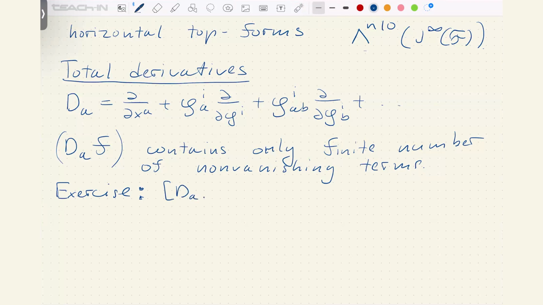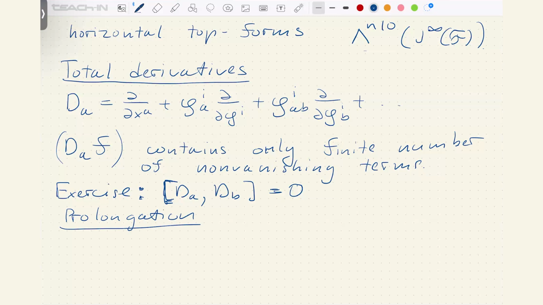It's to check that [D_A, D_B] equals zero, so they commute. In particular, they determine an involutive distribution, which is called Cartan distribution in this part of geometry. Okay, and now we also have another important concept, which is prolongation.